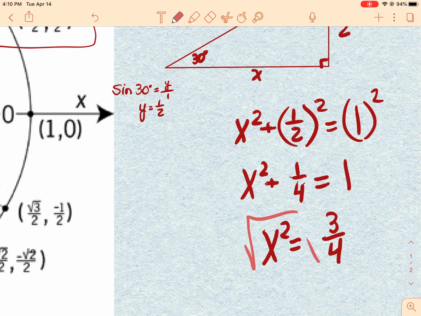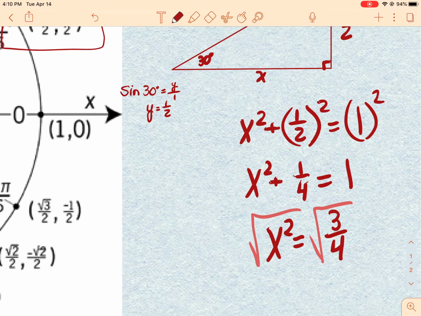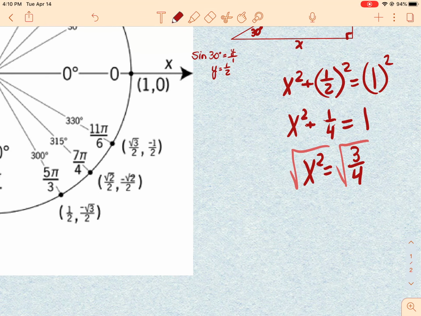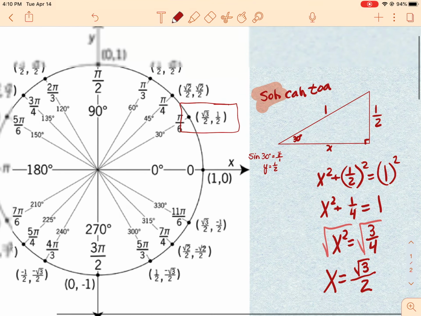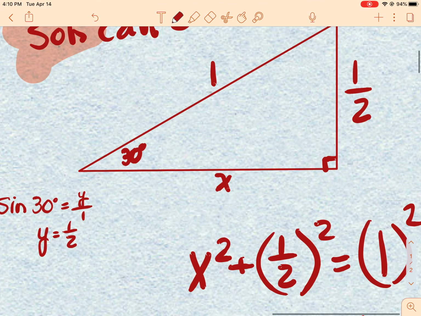If I go to square root both sides, I do know I get a plus and a minus, but we're looking at a length of a side of a triangle, so it's positive only. Square root of 3 over 4. Square root of 3 doesn't simplify anymore, but the square root of 4 is 2. So we're getting that side to be square root of 3 over 2.